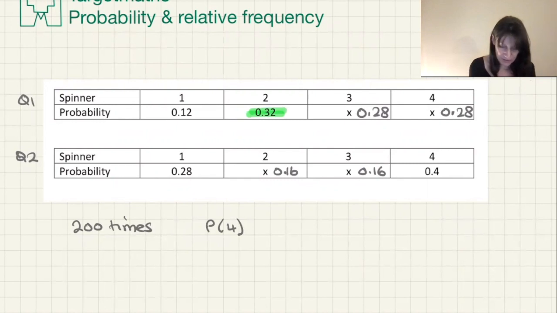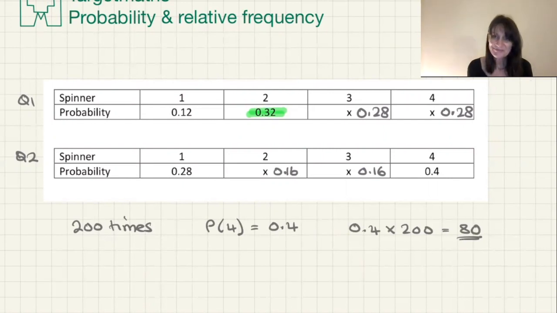Okay, so you should have gone to the table. Probability of getting a 4 is 0.4. So the maths is 0.4 times 200. And 0.4 times 200 is 80. Okay, so well done if you got that right.